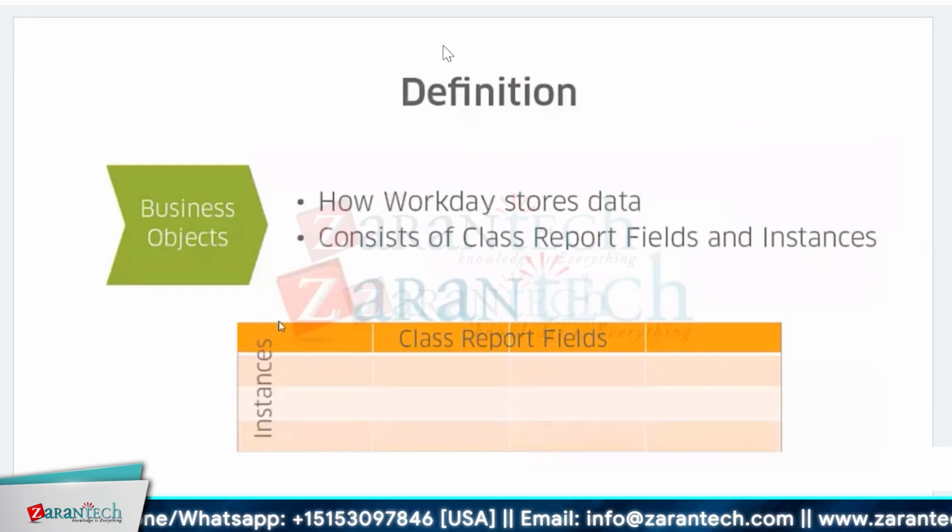The business object is how Workday stores the data, and then there are fields, every specific piece of data on, like, contact or address. All those specific fields they call class report fields, and that's how you can get at the data. Business object, and then class report fields.